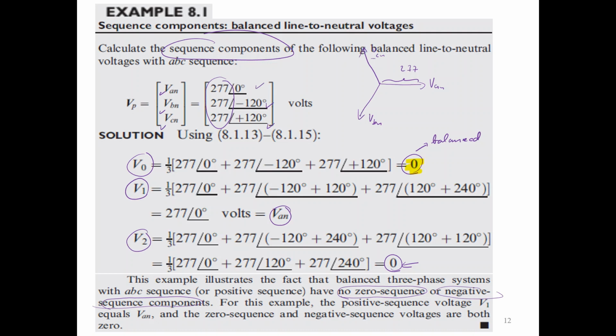For this example, the positive sequence V1 is just equal to VAN. So once you know the VAN, as we discussed, you just add the angle shift of 120, so you get VBN, VCN. Okay.